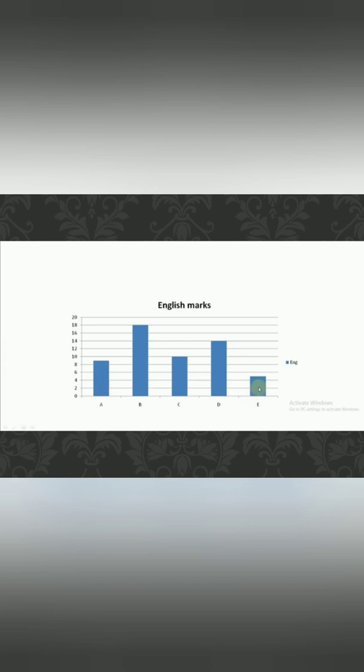Looking at the picture, you are able to tell who is scoring the highest marks in English. Yes, of course, it is B. In the same way, who has scored the lowest marks in English? That is E. So easily you are able to define the answer. A chart is a better way to represent the data in the form of graphics.